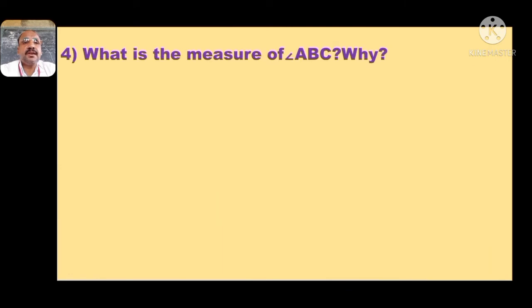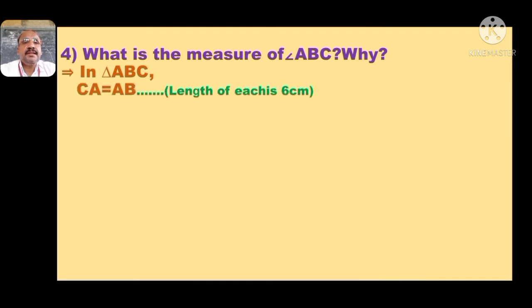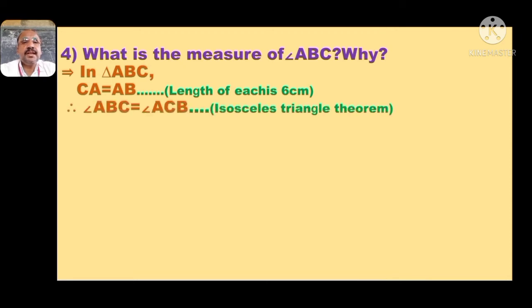Now, fourth one, what is the measure of angle ABC and why? In triangle ABC, CA is equal to AB, the reason is the length of each is 6 cm. Therefore, angle ABC is equal to angle ACB by the isosceles triangle theorem.